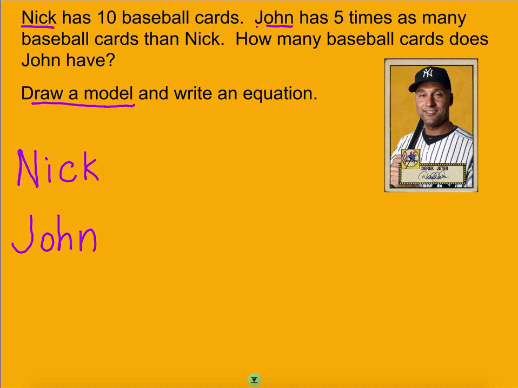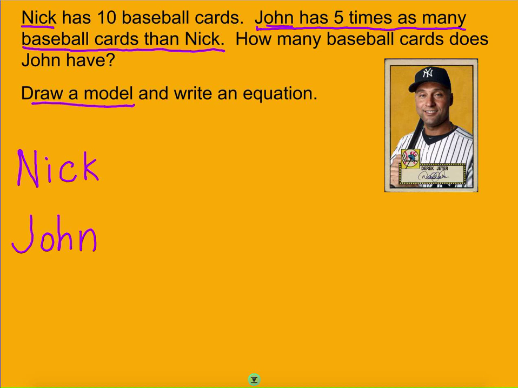So here it's John has 5 times as many baseball cards than Nick. So John has 5 times more than Nick, right? That tells me that since John has 5 times as many, John is going to get 5 bars or 5 boxes next to his name. Why?